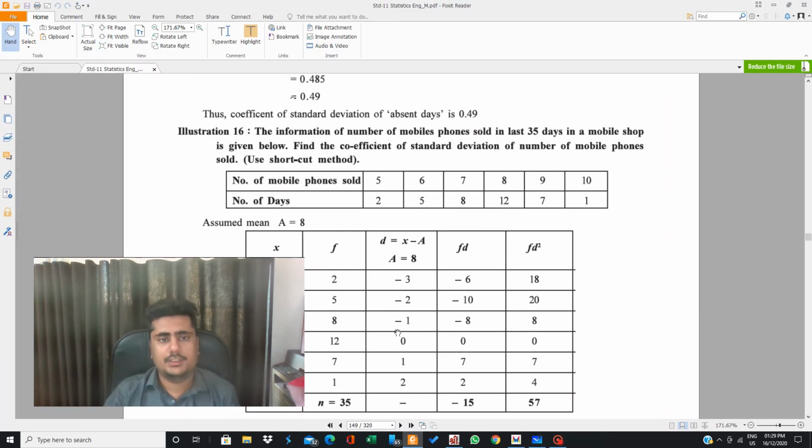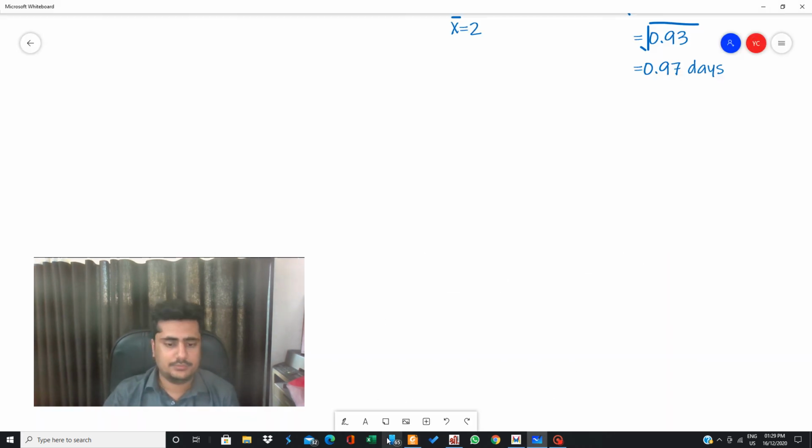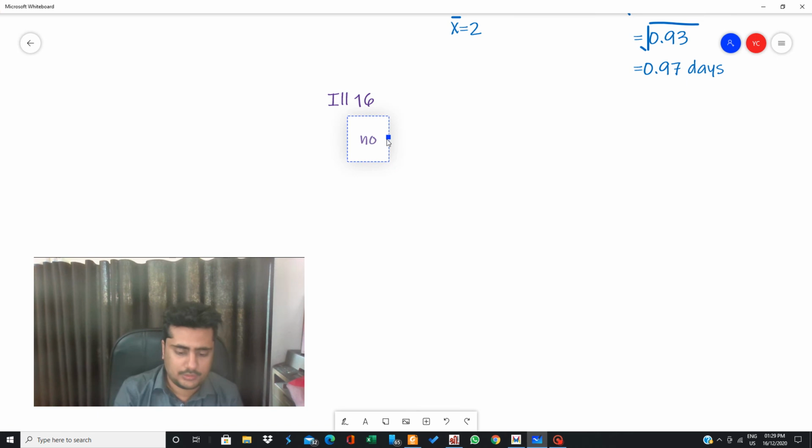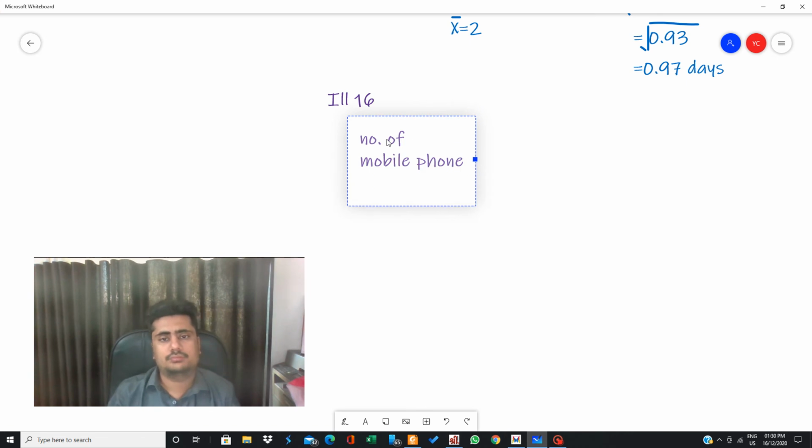So let us find illustration number 16 now. What data is given? Number of mobile phones sold: 5, 6, 7, 8, 9, 10.